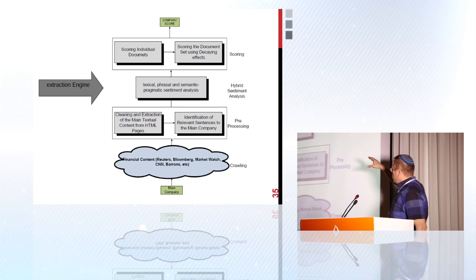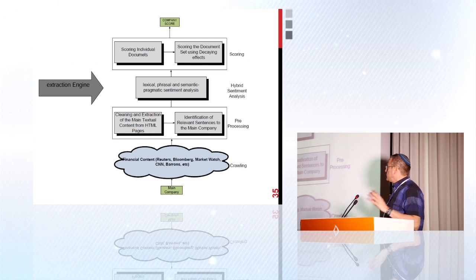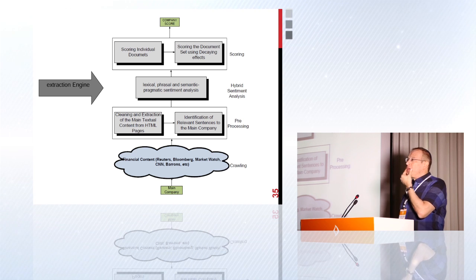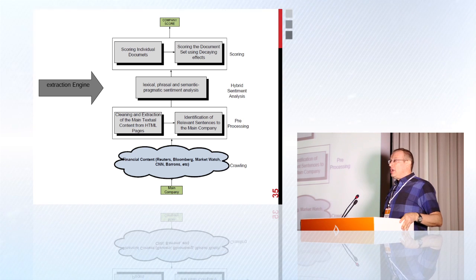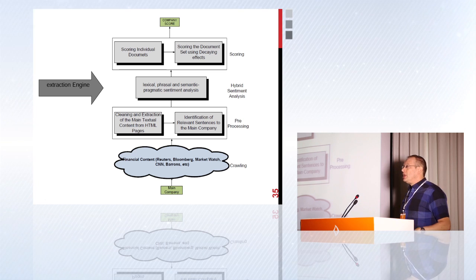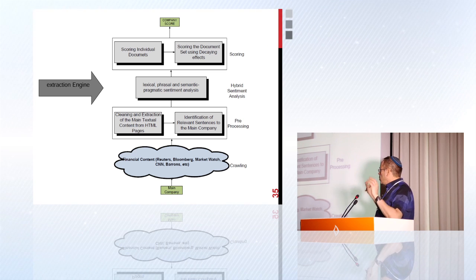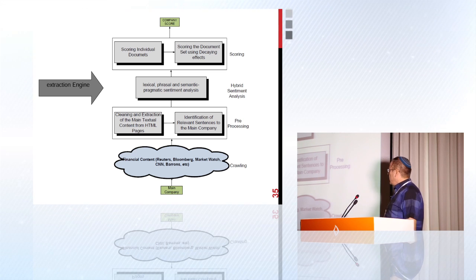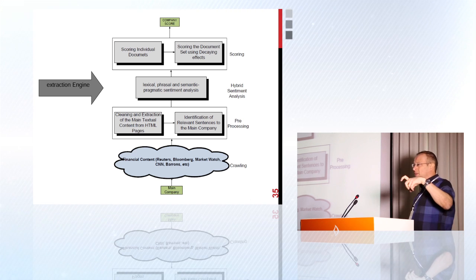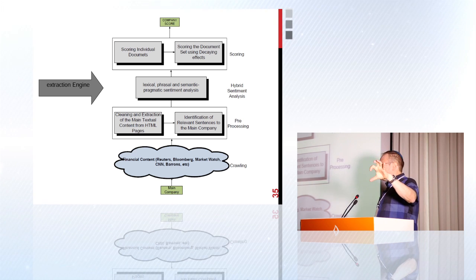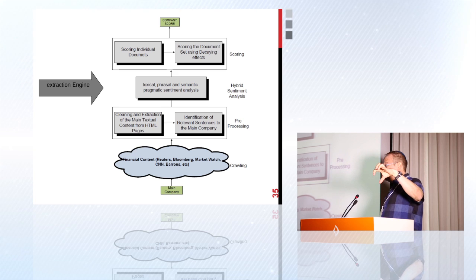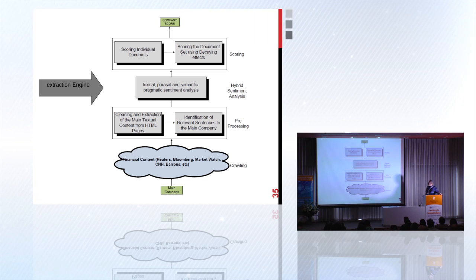This is the architecture of the system. We actually collect from hundreds of different websites, using crawlers, clean all the HTML, and identify what is the relevant text for each entity. In this case, the entities are the tickers of the stocks. Then we perform hybrid sentiment analysis.